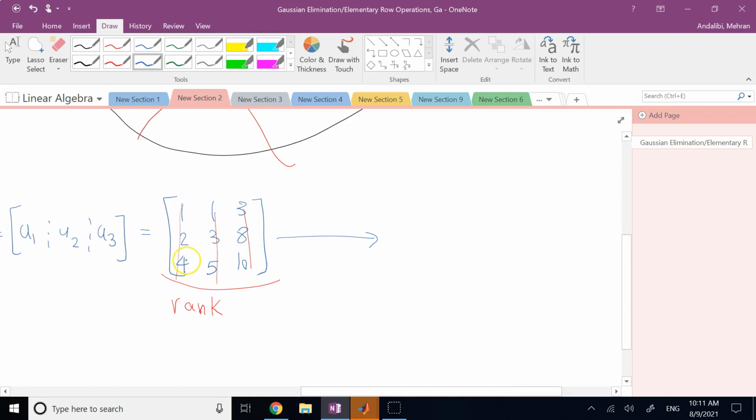Well, in this case, first I need to convert these two elements. So we start with the first column and try to get these two elements into 0. If I call them row 1, row 2, and row 3, then what I need to do is keep row 1, but for row 2, I subtract 2 times row 1 from it, and for row 3, I subtract 4 over 1 times row 1 from it.